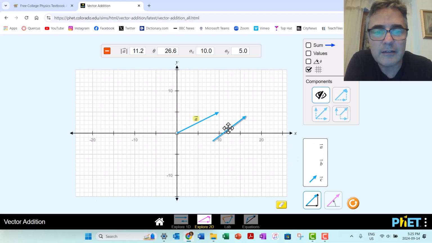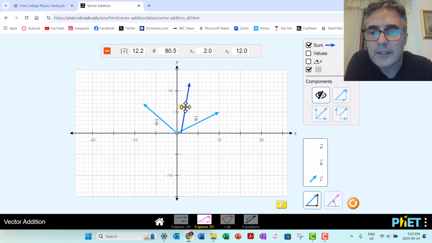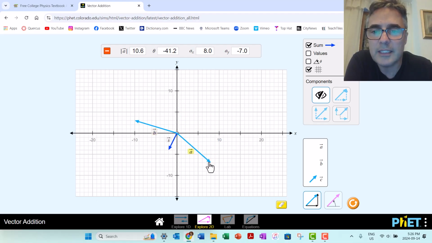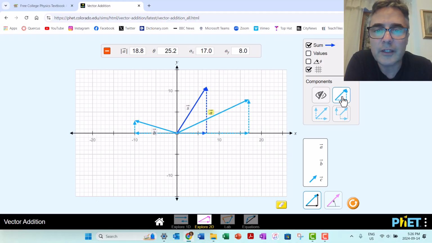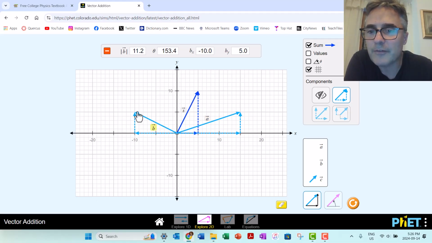You can then take another vector. We might as well attach the tail of that to the origin as well. And now you can make a sum by adding them up. And so we could put the sum there, but now as you change around either of these vectors, A plus B is equal to S. And you can also see if you click on the components here that as you change, let's say that A has some y component of 5 and B has some y component of 5 as well, then S is going to have a y component that's 10.